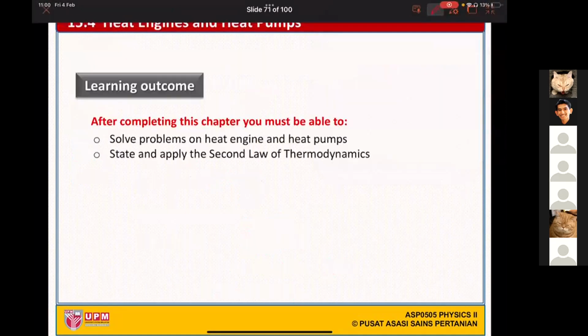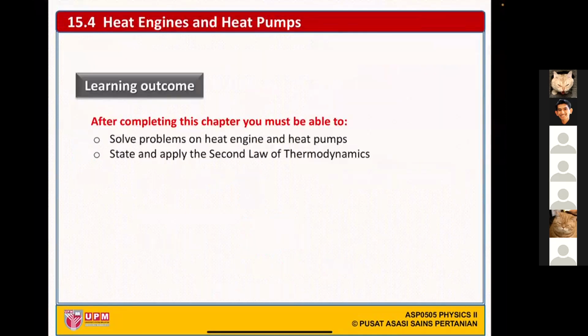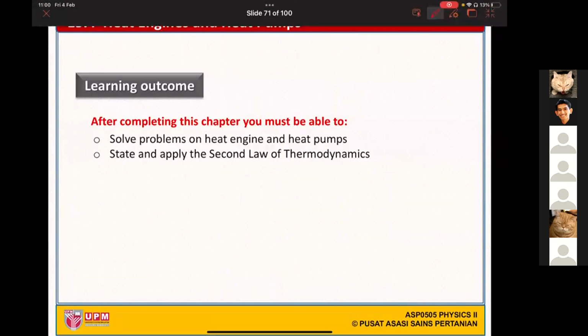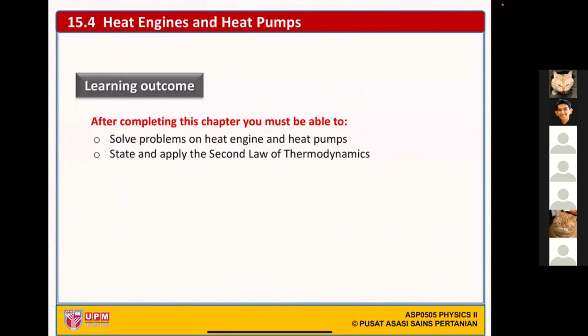Okay, habis setakat itu. So, kita punya kelas pun kita berhenti sampai sini lah. Right. So, konsep yang penting adalah PV diagram ni. Dalam PV diagram ada 4 proses: isobaric, isovolumetric, isothermal and adiabatic process. Whereby each process have their own calculation untuk kita kira what the work, their heat and also dia punya internal energy.